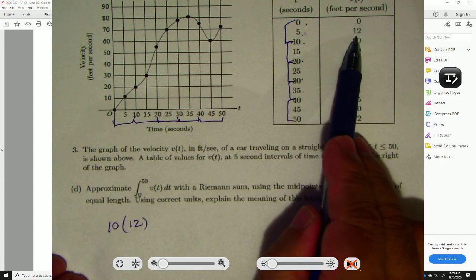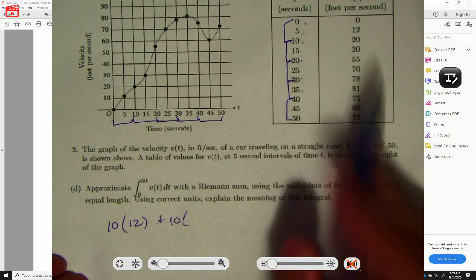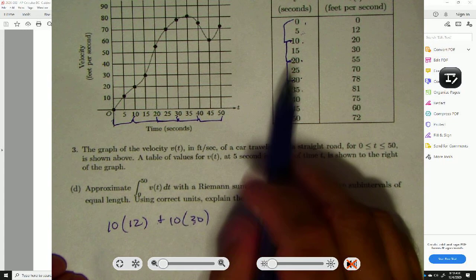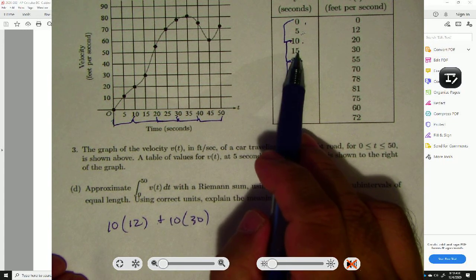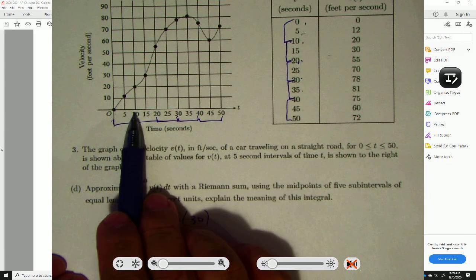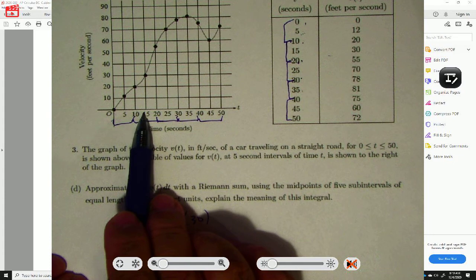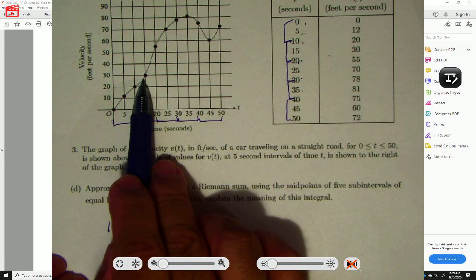Plus 10 times the next one, which is 30: the subinterval is 10 to 20, the midpoint is 15, and the height is 30.